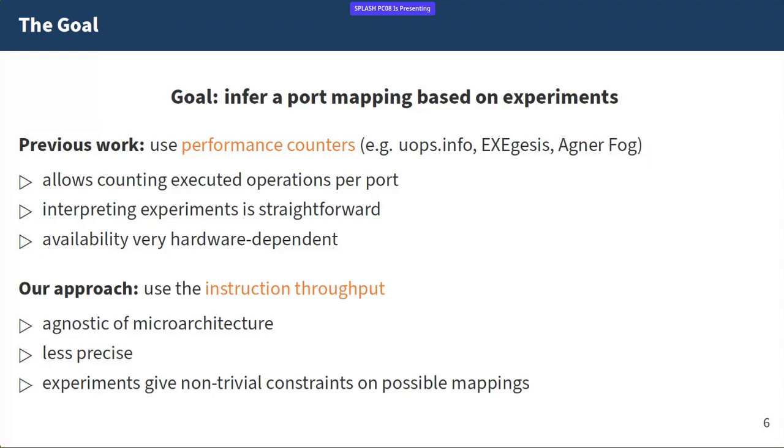The downside is that we expect these results to be less precise because we have less insight into the hardware itself. And also, it's quite a lot more complicated to make sense of these results because the constraints are quite non-trivial. But still, it allows us to give at least some kind of information for the processors that are not supported by the other techniques.